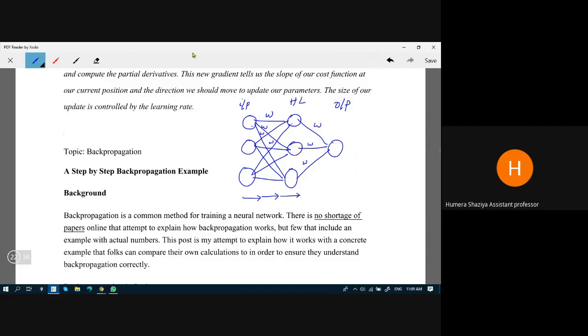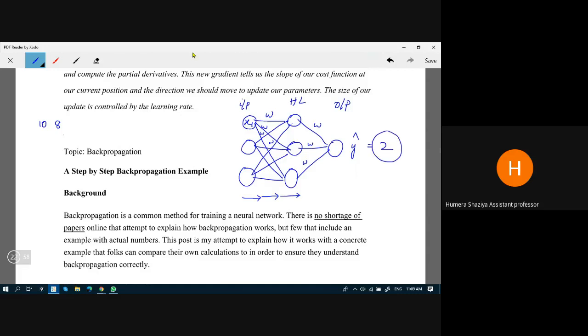And then this is x1. So what happens here? x1 into W. Okay, that is feed forward. Here you get output. Output is y hat. If the actual output is 10 and predicted output is 8, then what is the difference? The difference is 2.